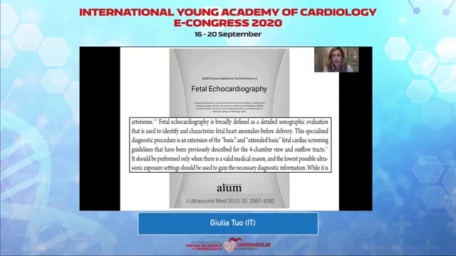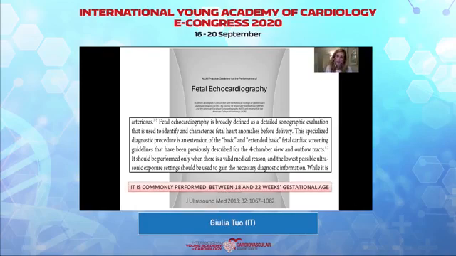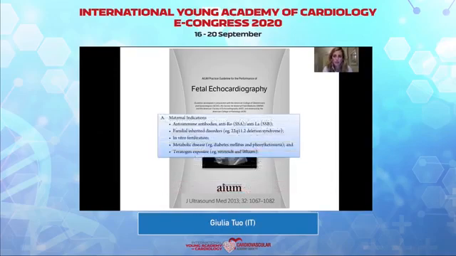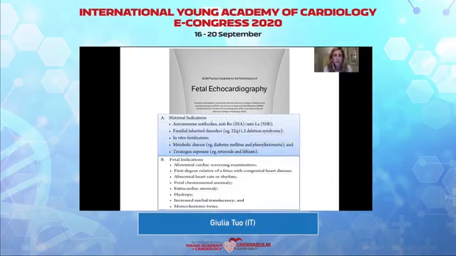So it is like an extension of the basic fetal cardiac screening performed by the obstetrician. It is commonly performed between 18 and 22 weeks of gestation, but we can perform it also earlier in specific cases. And what are the indications?